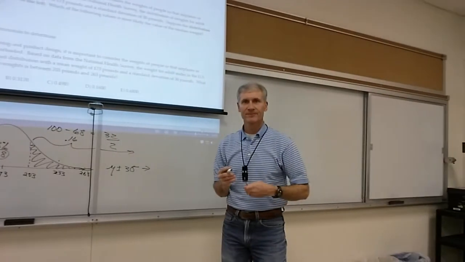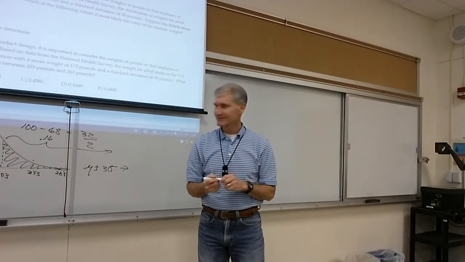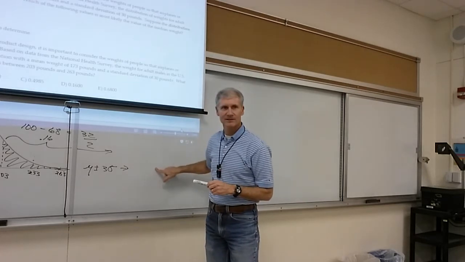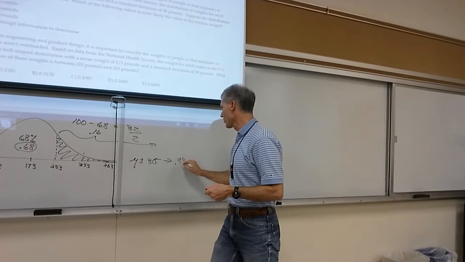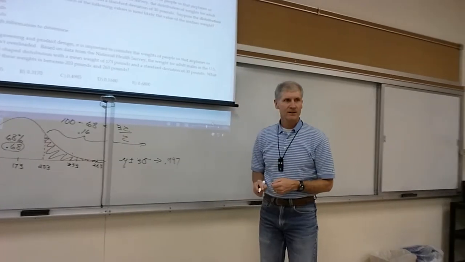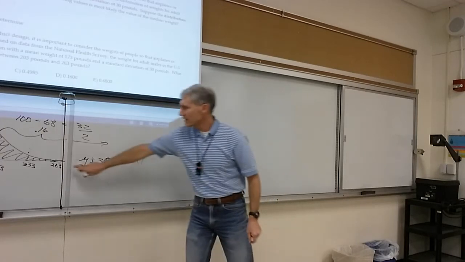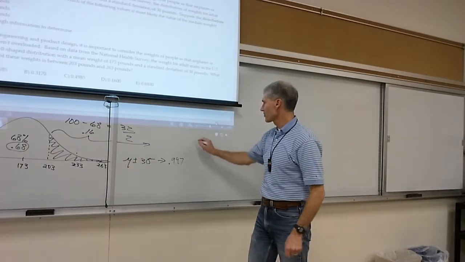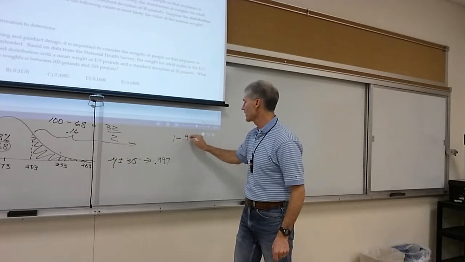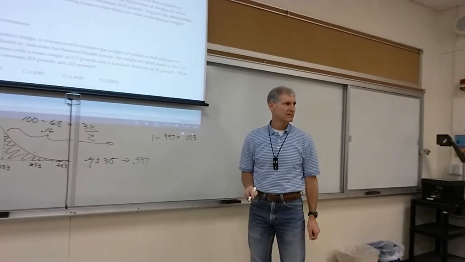This is the empirical rule, which, by the way, should be on your cheat sheet. Right? What's that percent? 99.7. So I'm going to write it as a proportion, 0.997. So I need half the leftover proportion, and that's the area in that tiny sliver of a tail. So the leftover proportion is 1 minus 0.997, which is 0.003.